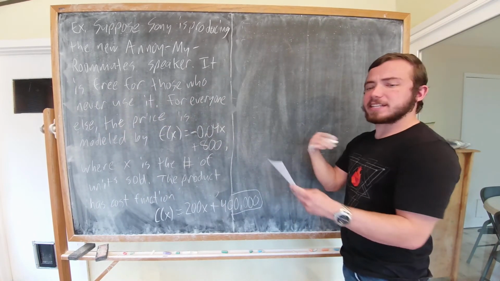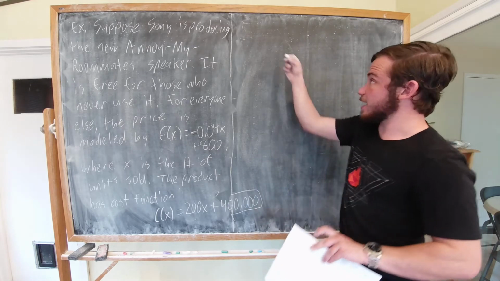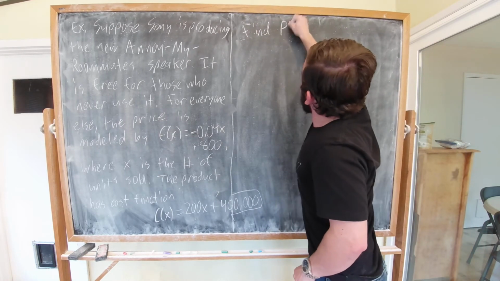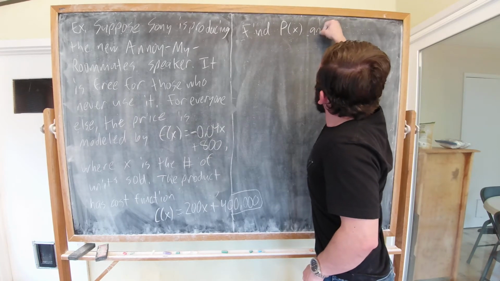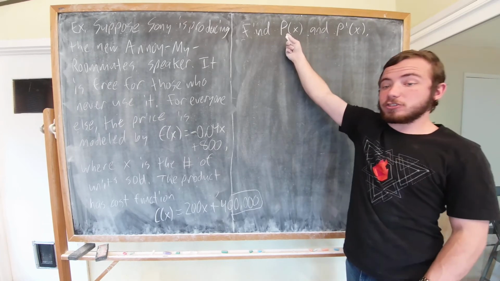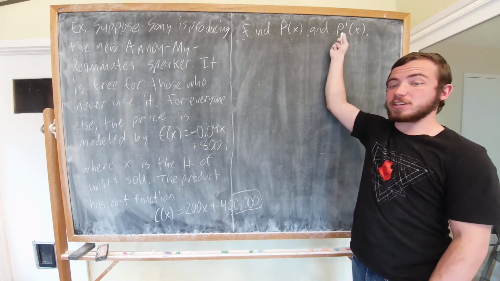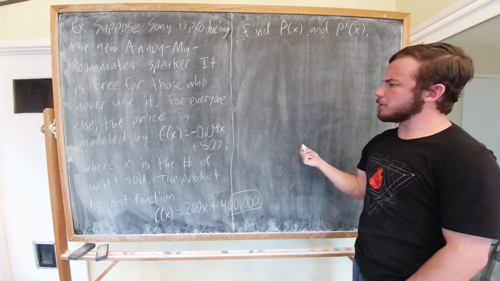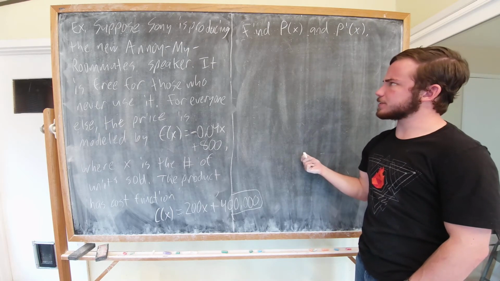Okay, so let's say we want to find the profit function and the marginal profit function. So again, profit function P of x, and the marginal profit function is the derivative of that, P prime of x. So how do we find P of x?